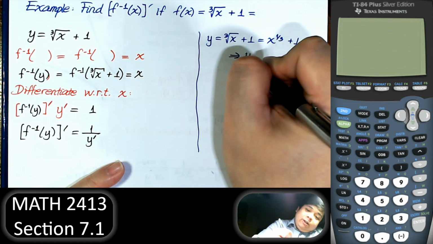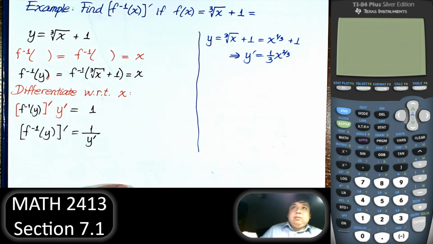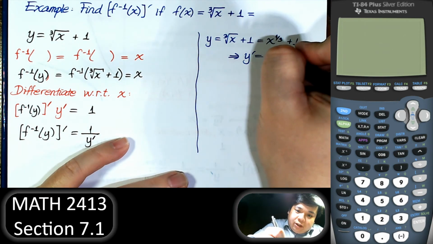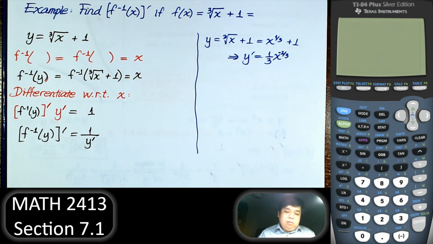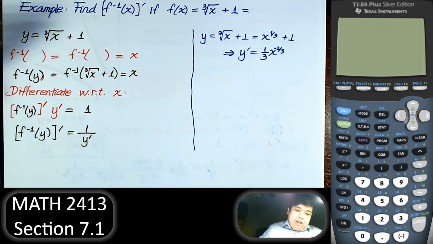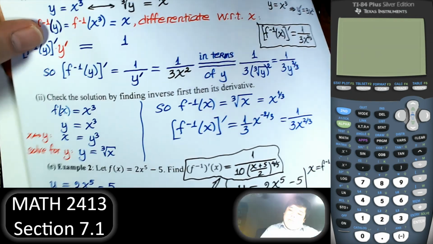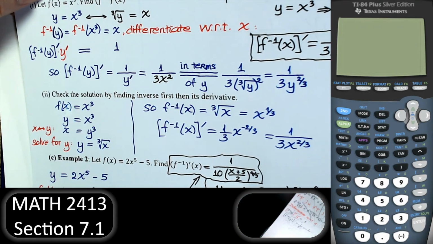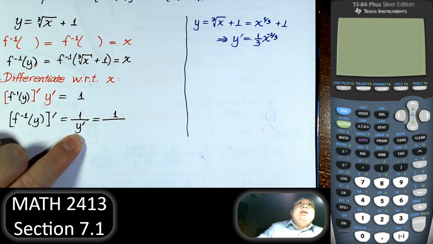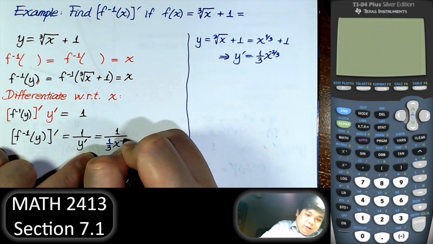So we take the derivative. That gives us 1/3 x to the negative 2/3.